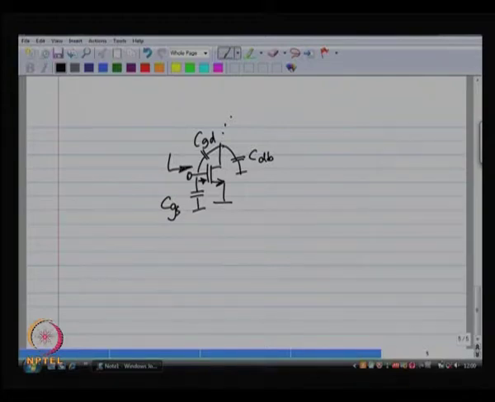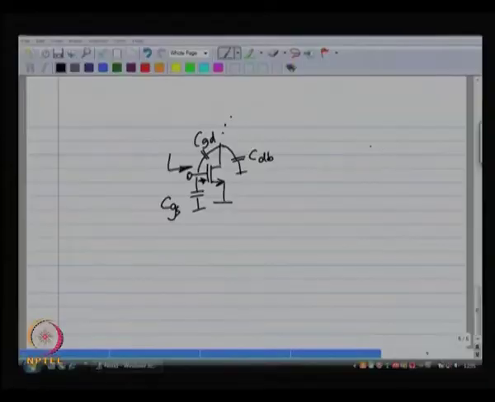Now, if this is the situation, then where is the power going to be burnt? So, my load looks capacitive. If my load looks capacitive, it is never going to burn any power. So, what maximum power transfer are we talking about?